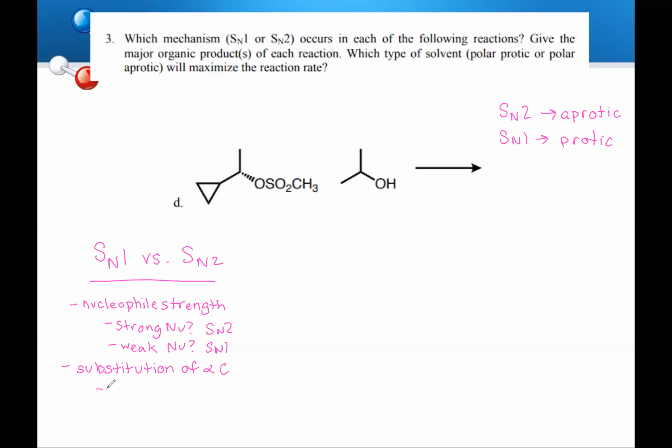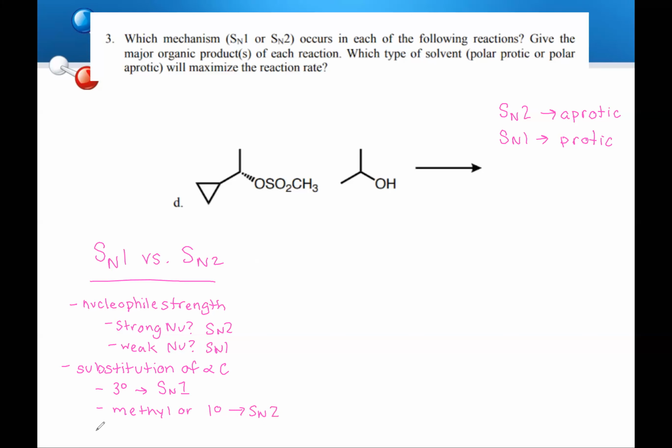Don't you look at bulky versus, like, if it's third degree, it'd be SN1. Yeah, perfect. So if we have tertiary, it's going to be SN1. If we have methyl or primary, it's going to be SN2.